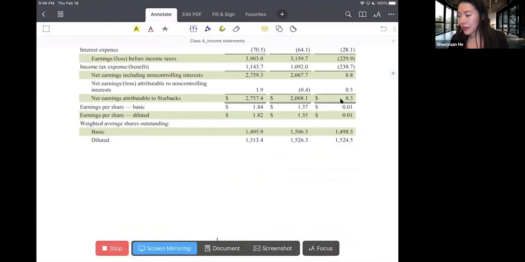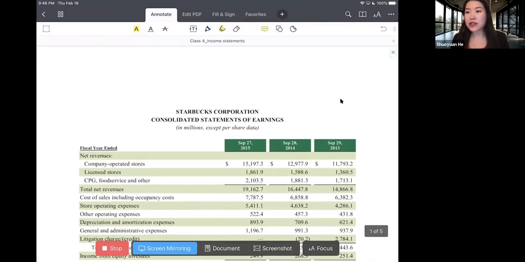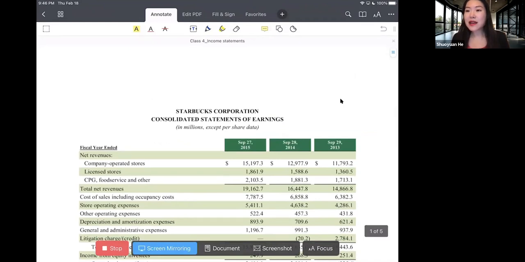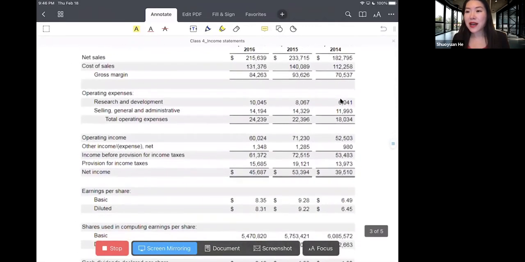So it looks like this. And please spend 5 minutes, look at those. Those are income statements directly taken from the firm's 10K report from those 5 firms. I want you to spend 5 minutes, look at those income statements and tell me what are the similarities among those income statements and what are the differences. You can pause your video for now.